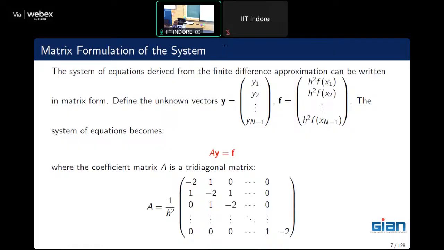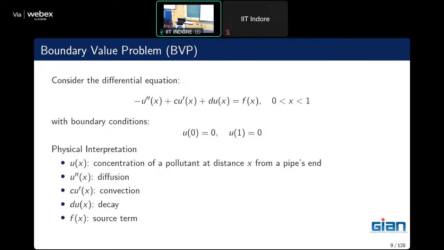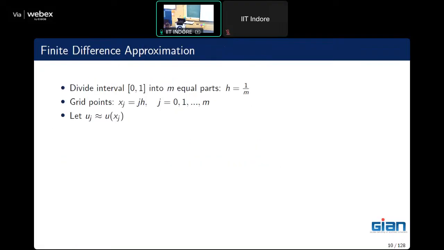Solving this kind of equation is sometimes difficult when the matrices are ill-conditioned. I will speak about what ill-conditioned and well-conditioned matrices are, with all the details. Another differential equation, of this form, has physical interpretations by u' and u'' as diffusion, convection, and decay. Similarly we use this interval with step length of this form, and the grid points are like this.